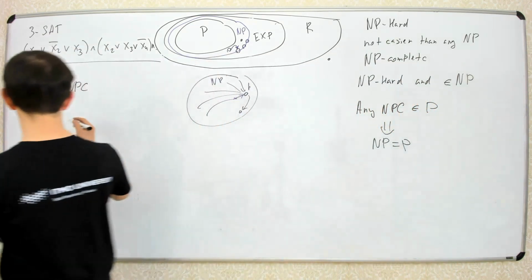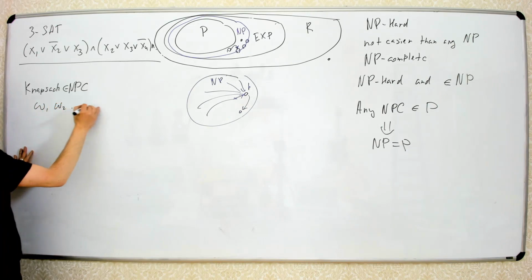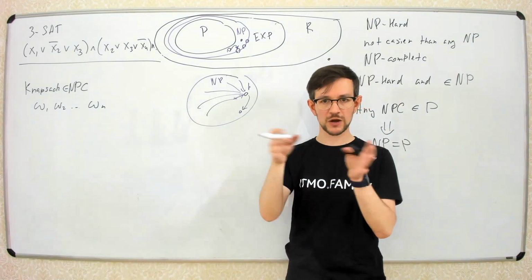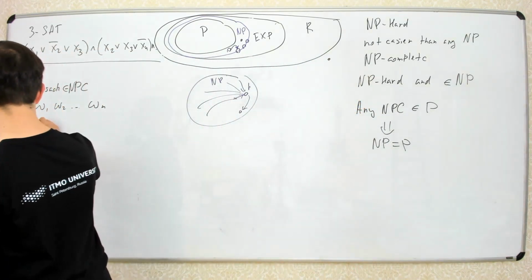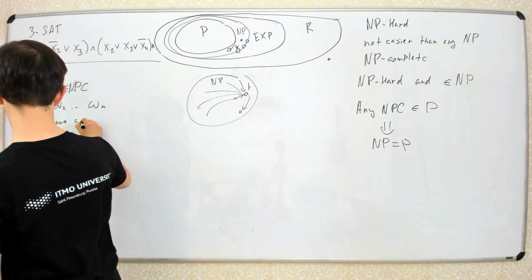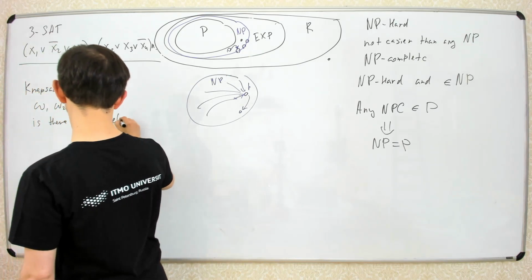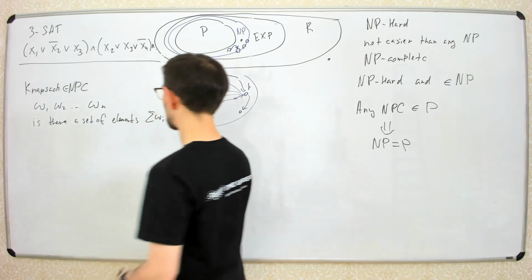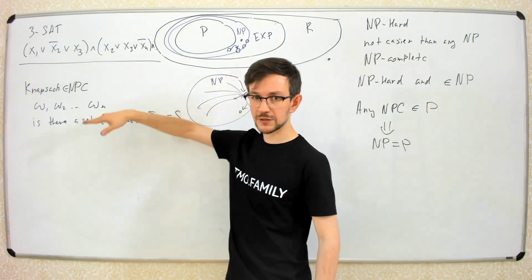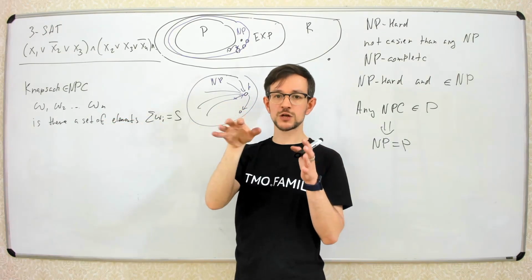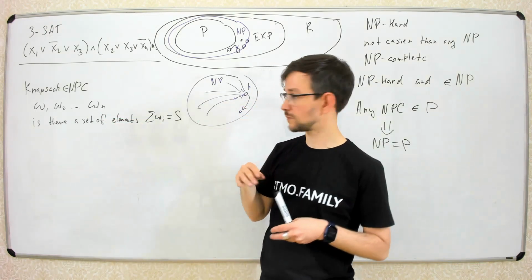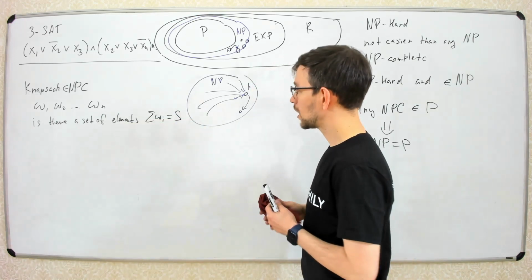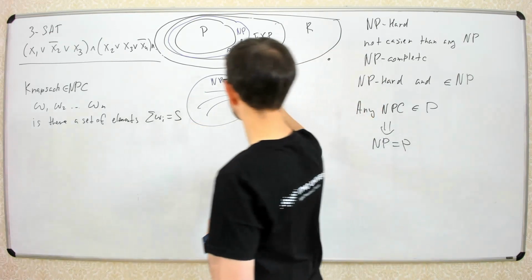We have some weights, and we need to check if it is possible to combine some weights to have sum equal to S. So we're given some set of elements, and you want to find some subset such that the sum of this subset equals S. This is just a very simple version of knapsack problem, right? And even this problem is NP-complete. Let's prove this.